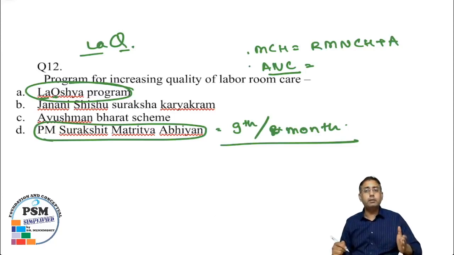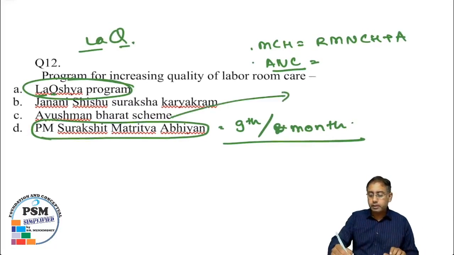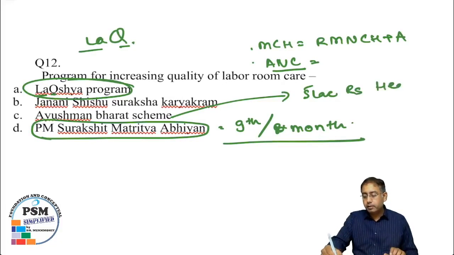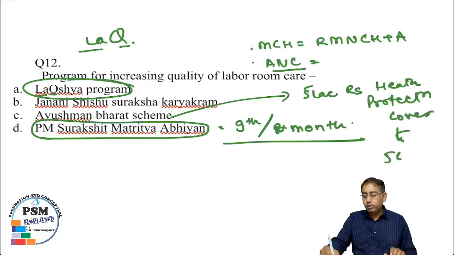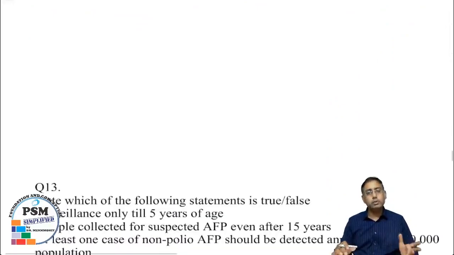It is nothing but a health protection scheme for 10 crore families or 50 crore population. 5 lakh rupees health protection cover for any disease, primary, secondary, and tertiary healthcare. All cancers, cardiovascular disease, everything included. So the answer to this is Lakshya.